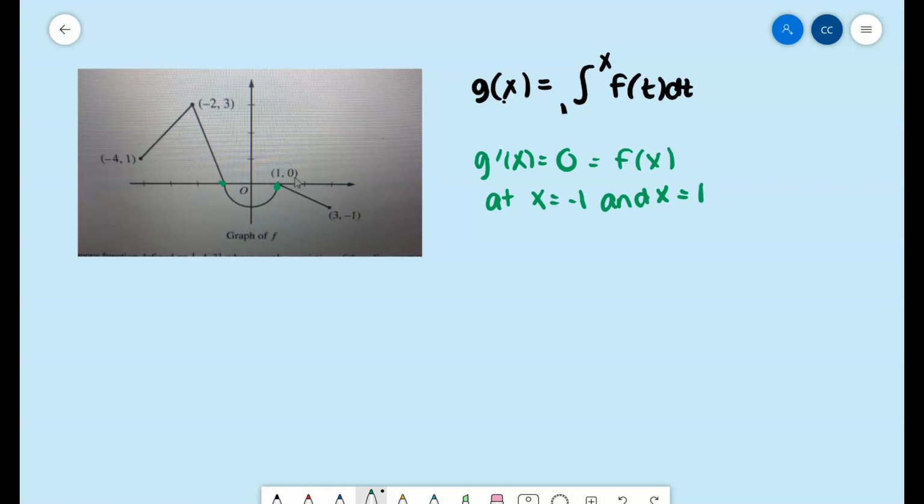For the second part, it says for each of these points, determine whether g has a max, a min, or neither, and then justify. Well, we know that in order for a function to have a max or a min, we need to have a sign change. So we need to look at the graph and say, okay, is there a sign change? Does it cross the x-axis? So at x equals -1, g prime of x goes from positive to negative.